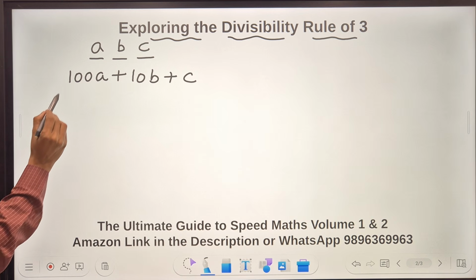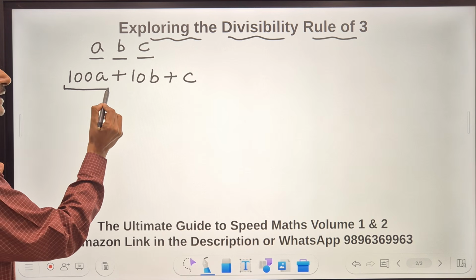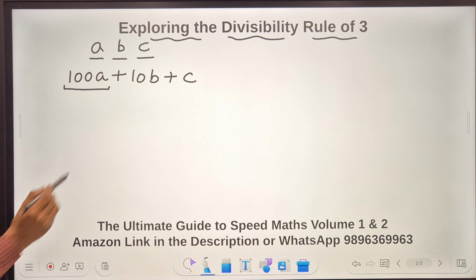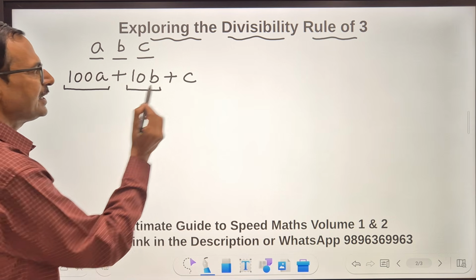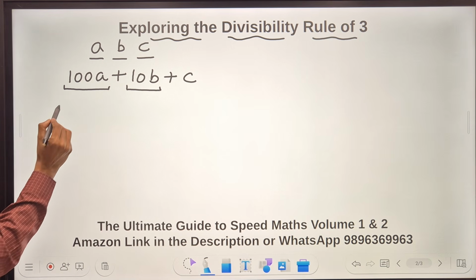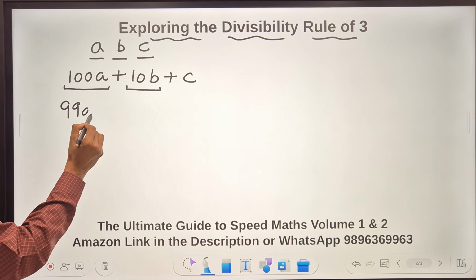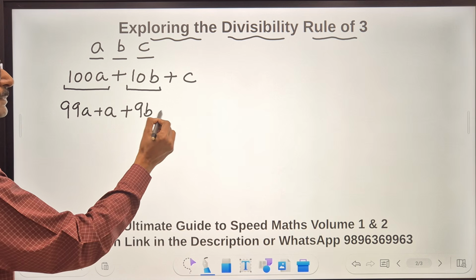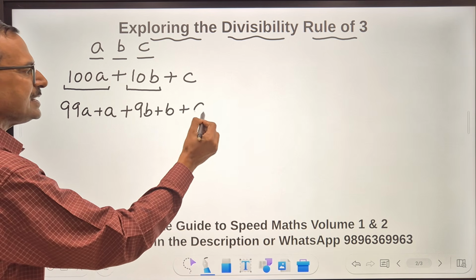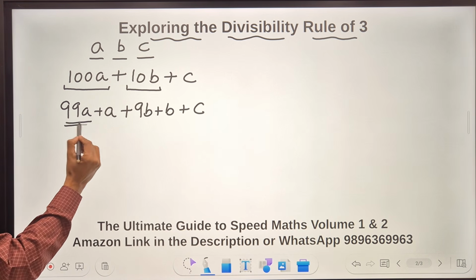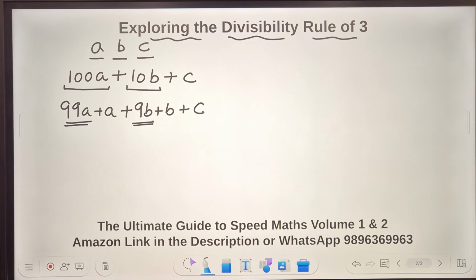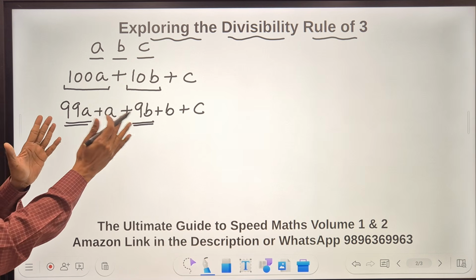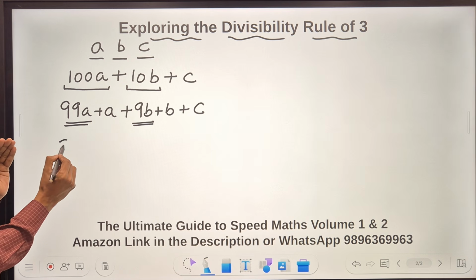And now I will extract 1A out of this 100A and 1B out of this 10B. So what does this become? 99A plus A, and then 9B plus B and plus C. Now if you see the coefficients 99 and 9, they have a common factor 9, but I will take a common factor only 3.